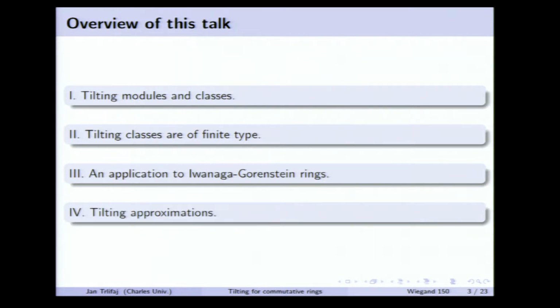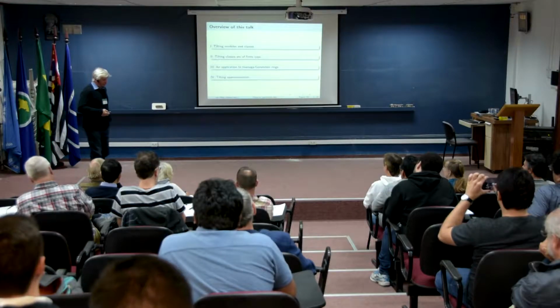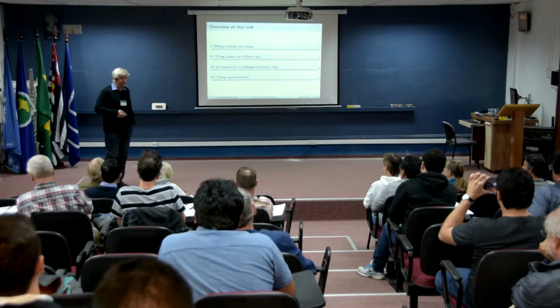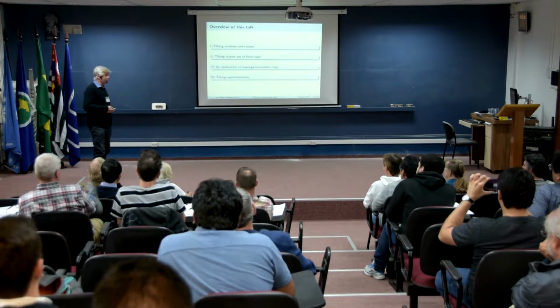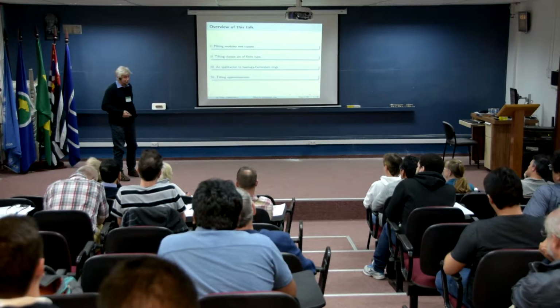And then I will speak briefly on the relation to approximations of modules, which is one of the topics which was developed over the past 10, 20 years. So the tilting theory goes back to 1974. I think was the first results in the setting of finite dimensional modules over finite dimensional algebras.